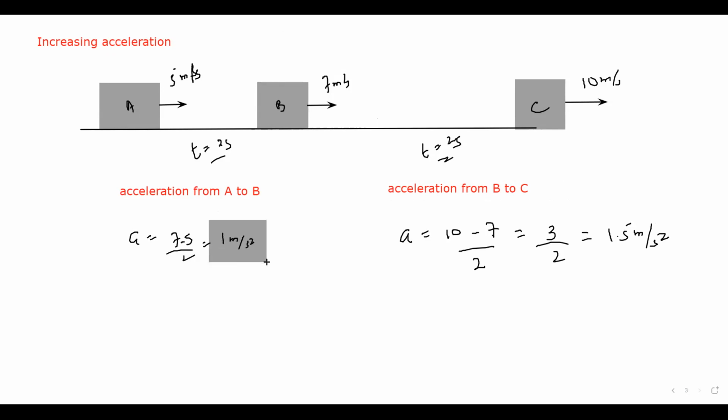First it was 1 meter per second square and now it is 1.5 meter per second square. So the value of the acceleration is increasing. And when the value of the acceleration is increasing, we call that increasing acceleration. Is it clear, this example? The term increasing acceleration.